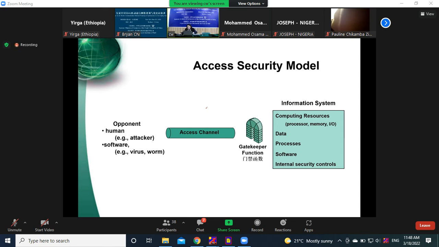So if we want to use this access security model, we can select the gatekeeper functions to identify users, and implement security controls to ensure only authorized users access designated information or resources, and trusted computer systems can be used to implement this model.